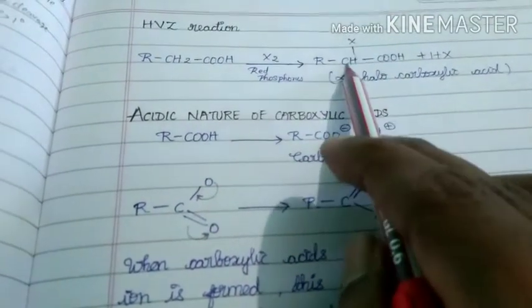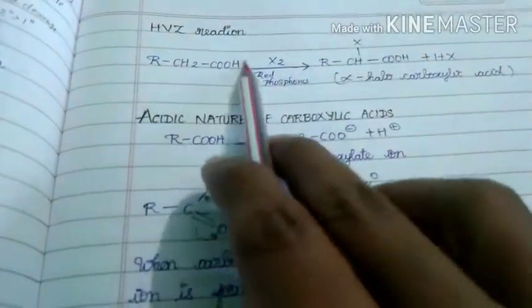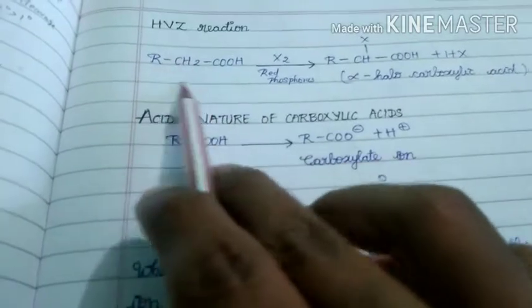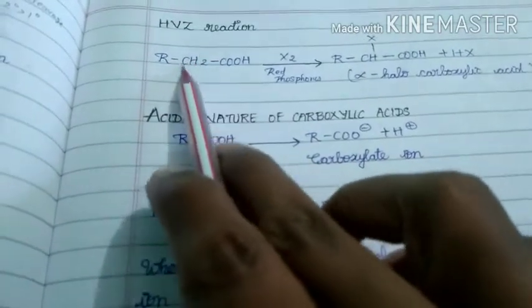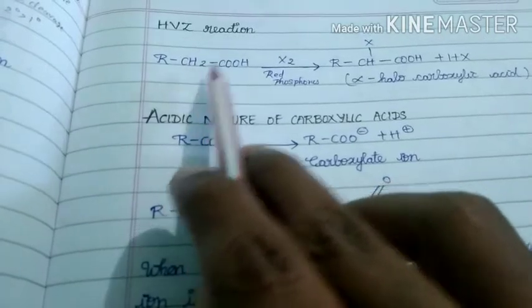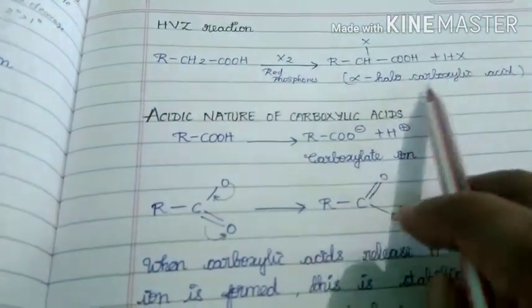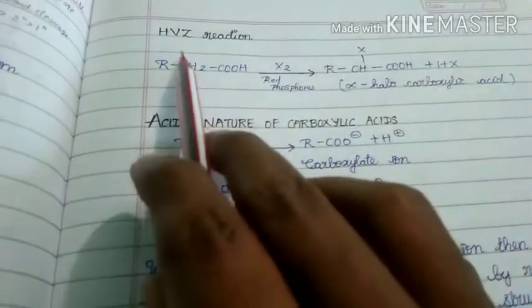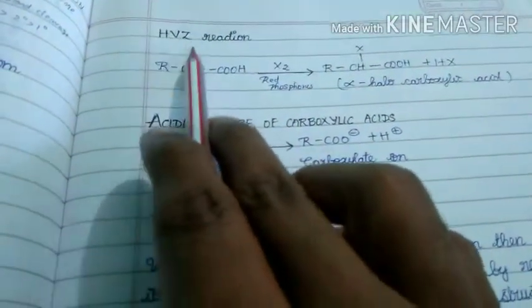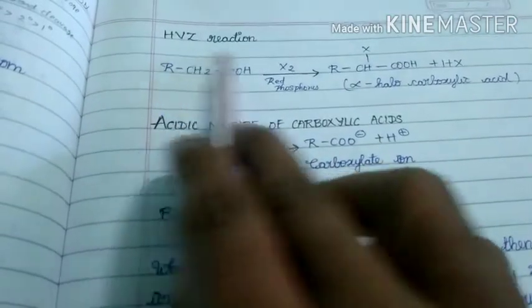If halogen is present on the alpha carbon, that is alpha halo. So what is the point here? If a carboxylic acid having alpha hydrogen reacts with halogens in the presence of red phosphorus, then we get alpha halocarboxylic acid. That reaction is called the HVZ reaction. This is also one of the important reactions because it is a named reaction.